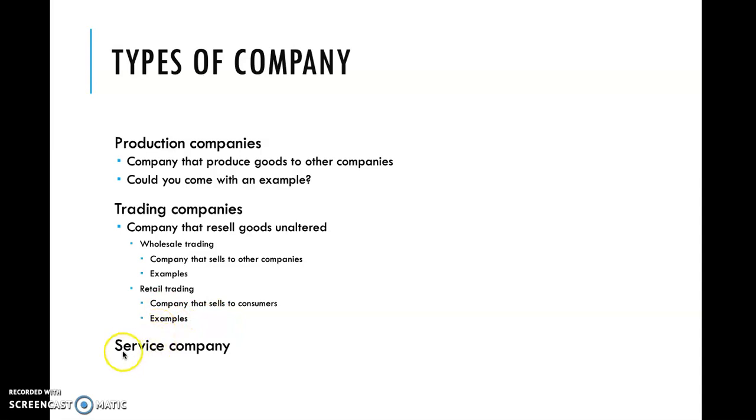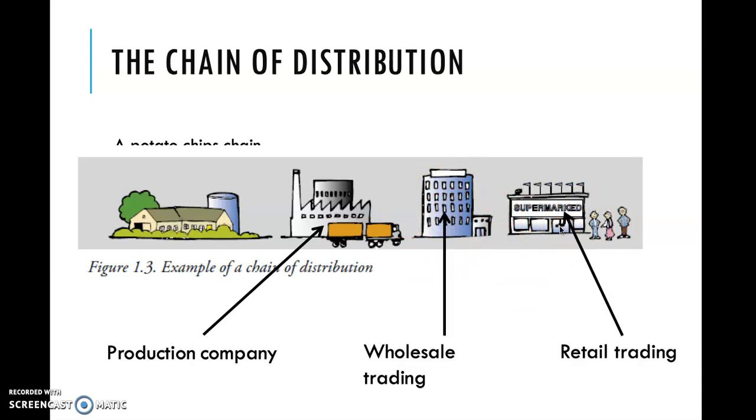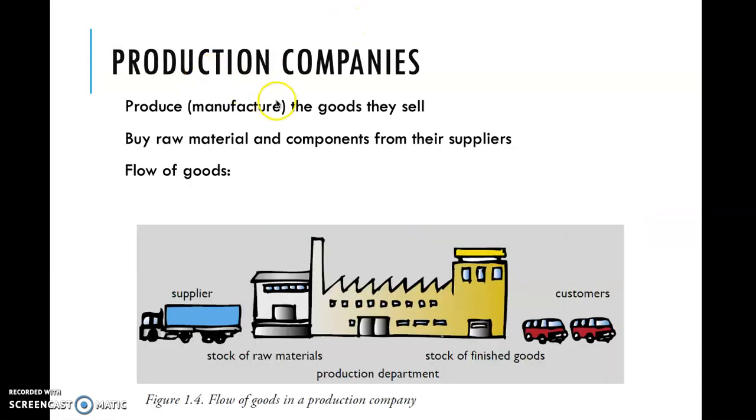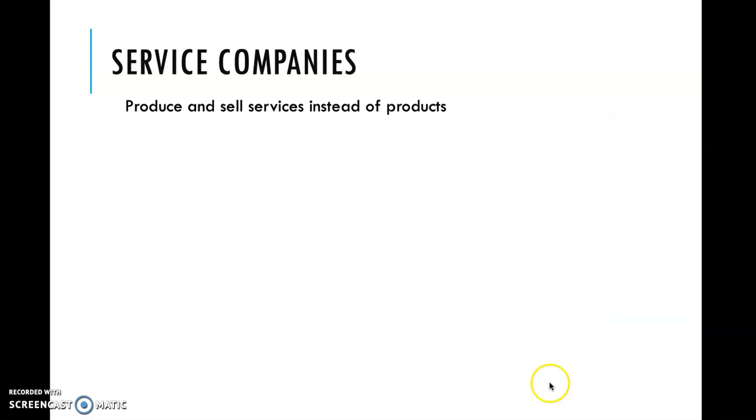Service companies are companies that produce and sell services instead of products. Chain of distribution: the farm, the factory, the wholesaler, and the supermarket. Production company: supplier, production, and customers. Trading companies: supplier, warehouse, shop, customers.